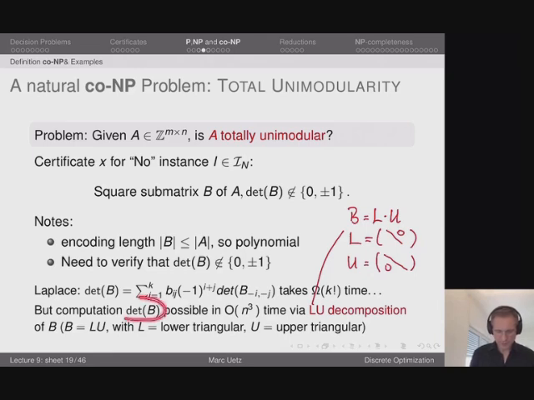So computation of the determinant of a matrix is not a difficult problem. It can be solved in polynomial time.